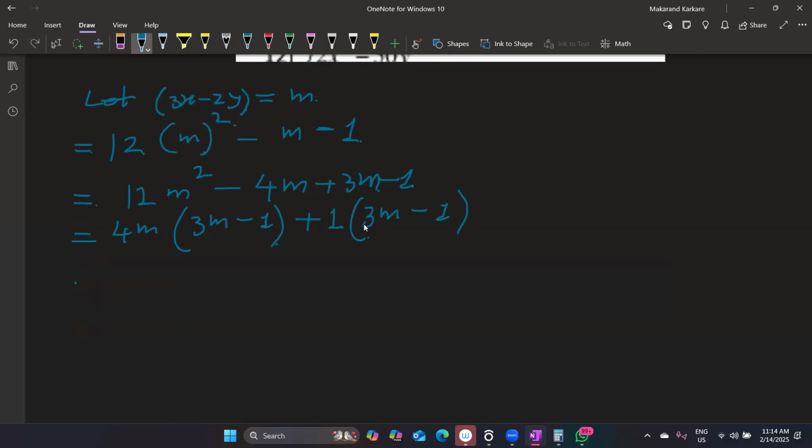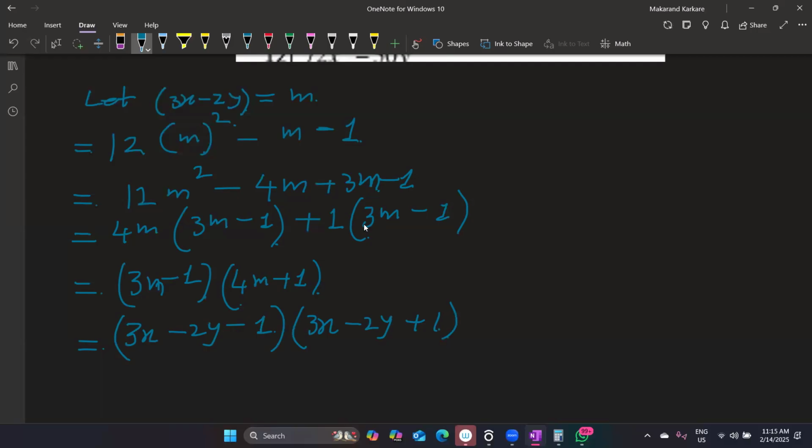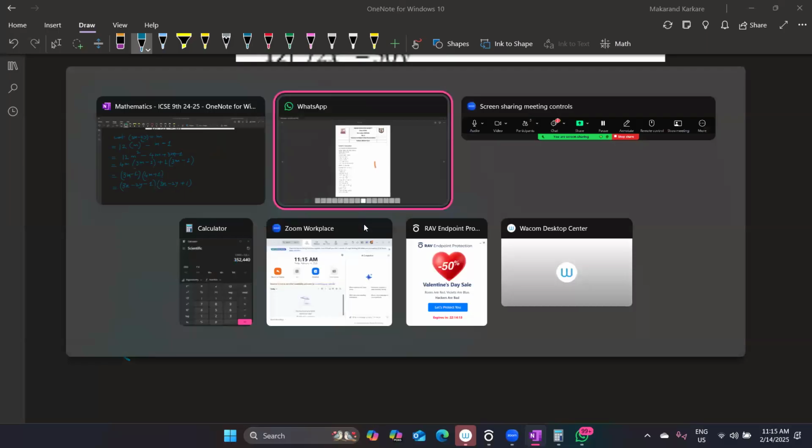Yes, sir. Which is going to be 3m minus 1 into 4m plus 1. And 3x minus 2y is m. So 3x minus 2y minus 1, 3x minus 2y plus 1. Okay. Yes, sir.